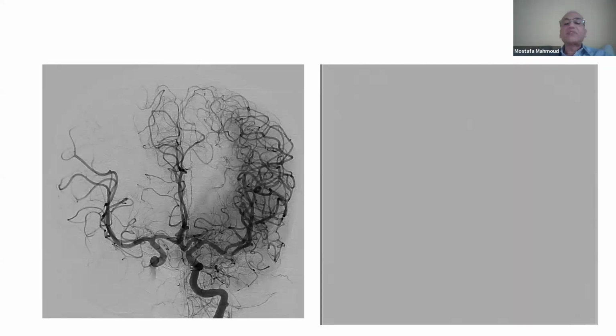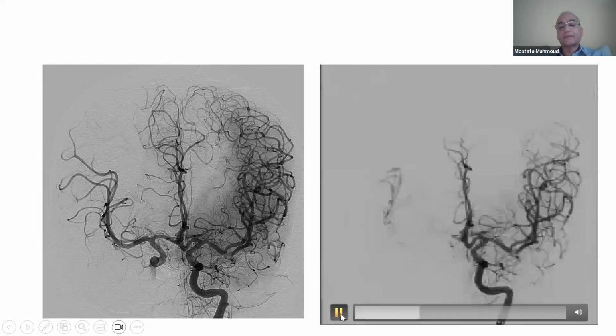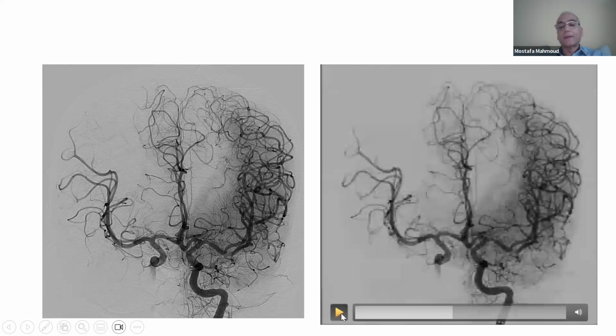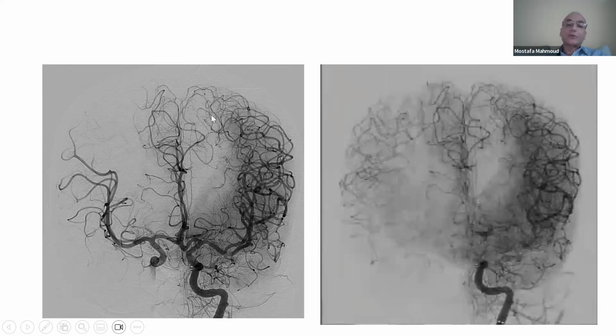Then adapt technique, just aspiration with a Sophia Plus. We revascularize the hemisphere. What do you think? Is it good or bad? Look at this, perfusion defect here and there.